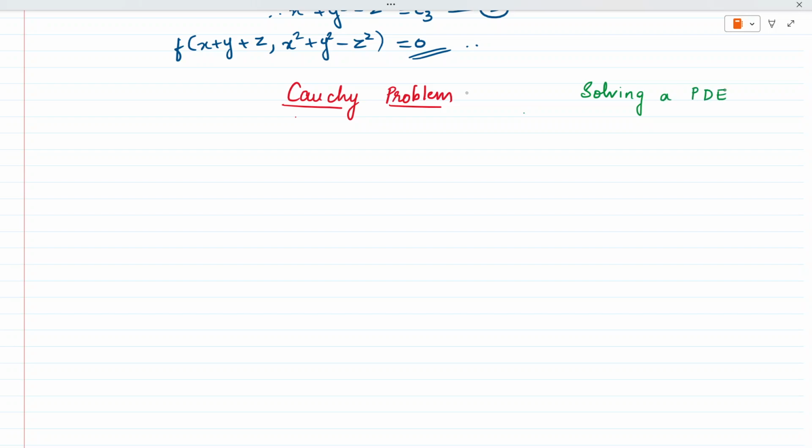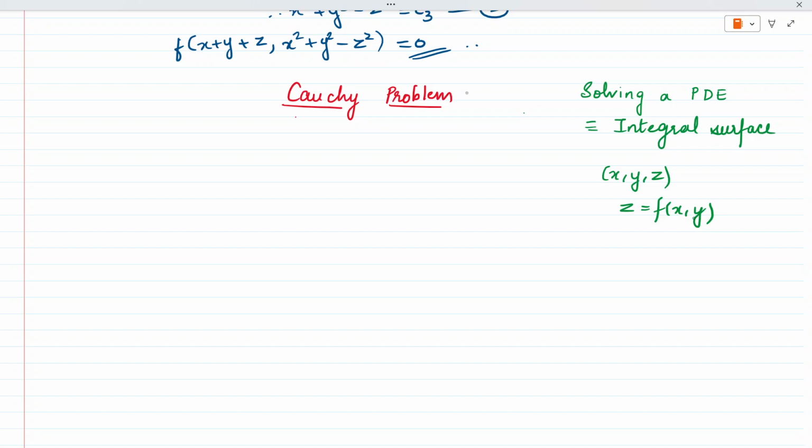solving a PDE is actually equivalent to finding an integral surface. Correct? Because we are working in 3 dimensions. We are working in x, y, and z. We are working with z as a function of x comma y, z which was dependent on x and y. And when you solve this PDE, you will get that function, which will be a 3-dimensional thing. Okay?